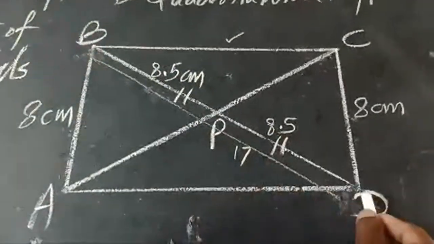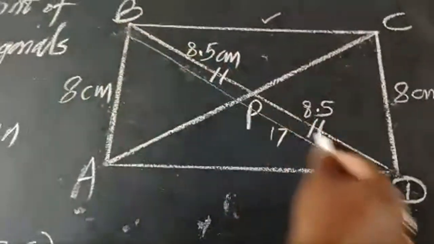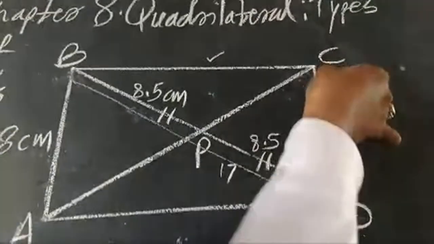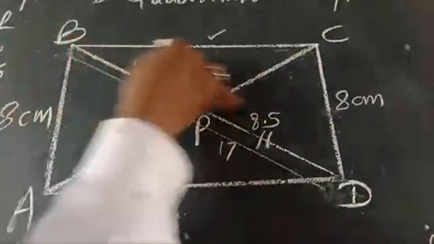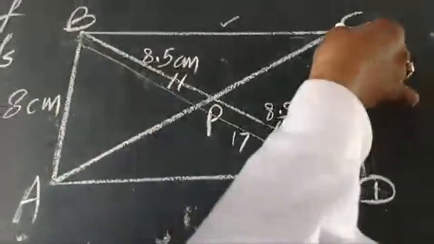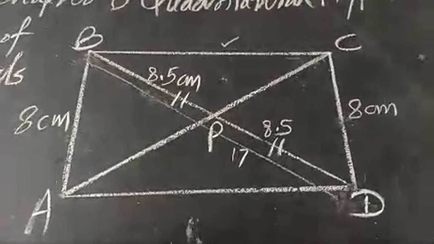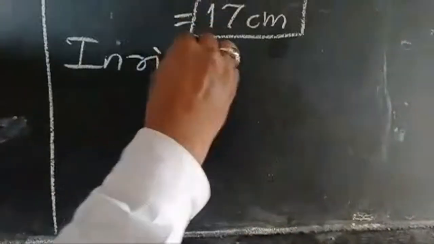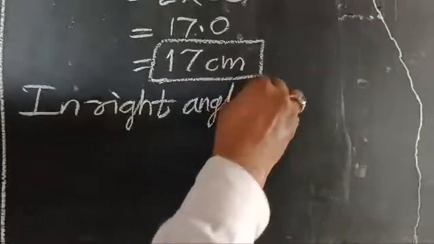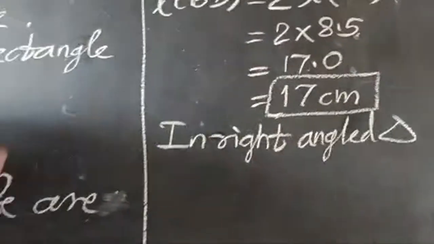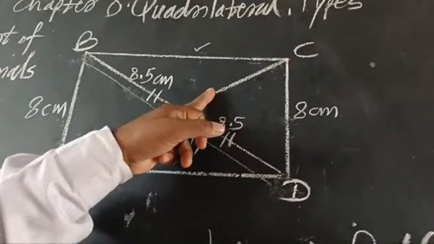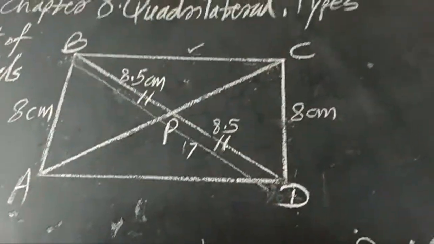This total is 17 and this side is 8, we find this side. Then for these three sides we get a right angled triangle. In the right angled triangle, the name of the triangle is BCD.